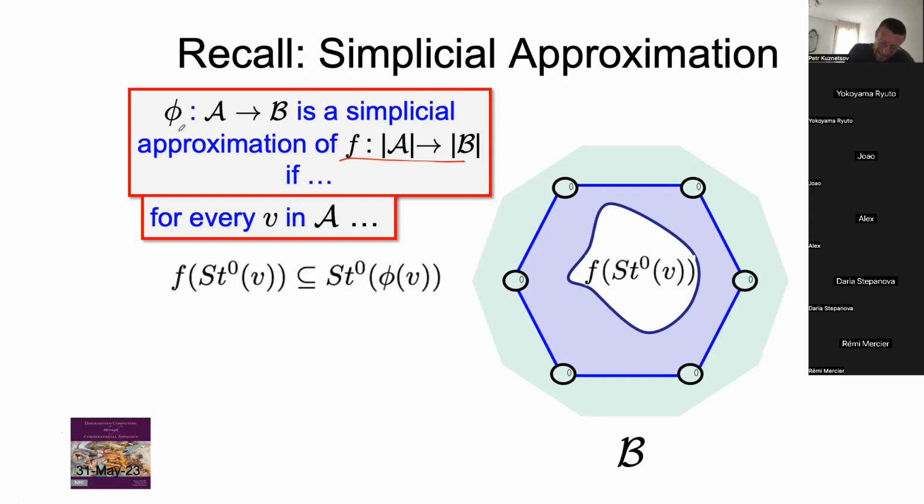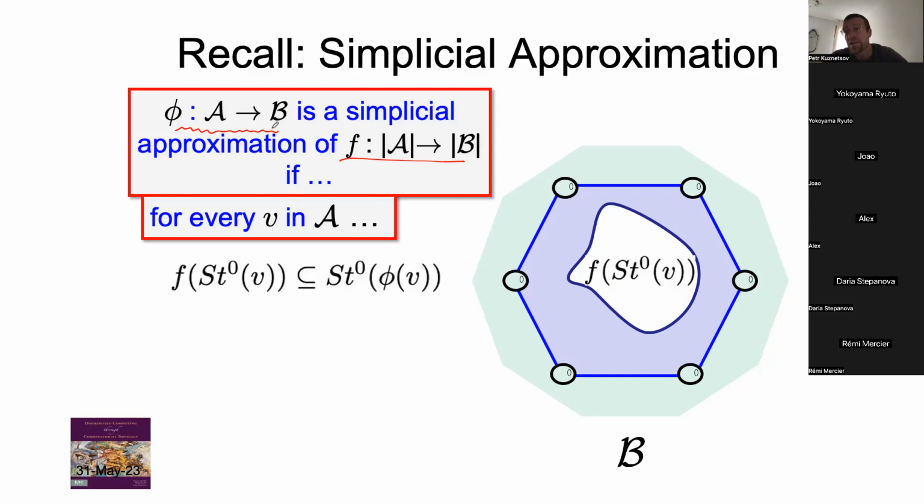It's basically a misuse of notation when I write phi as a map from A to B, because technically that would be a map defined on sets of simplices. It takes a simplex in A and maps it to a simplex of B, but that's not really what phi is. Phi is actually a vertex map. It maps vertices to vertices.